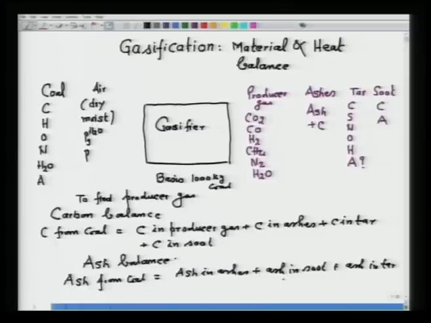Then the amount of soot is known, the amount of coal is known, the amount of tar is known, and the percentage of ash in HS is known. So, by that balance you can find out the amount of HS, and from the amount of HS you can complete the carbon balance, and the unknown is only the amount of producer gas. So, you can find out the amount of producer gas.